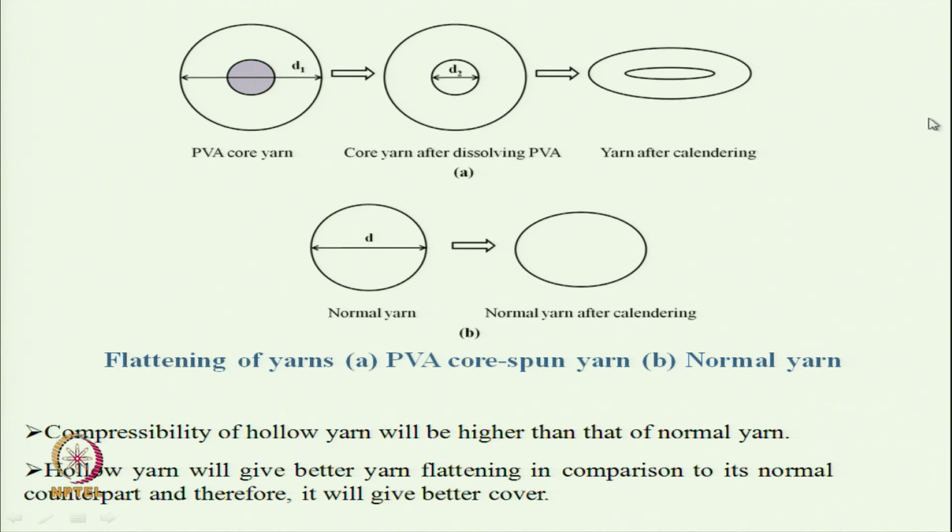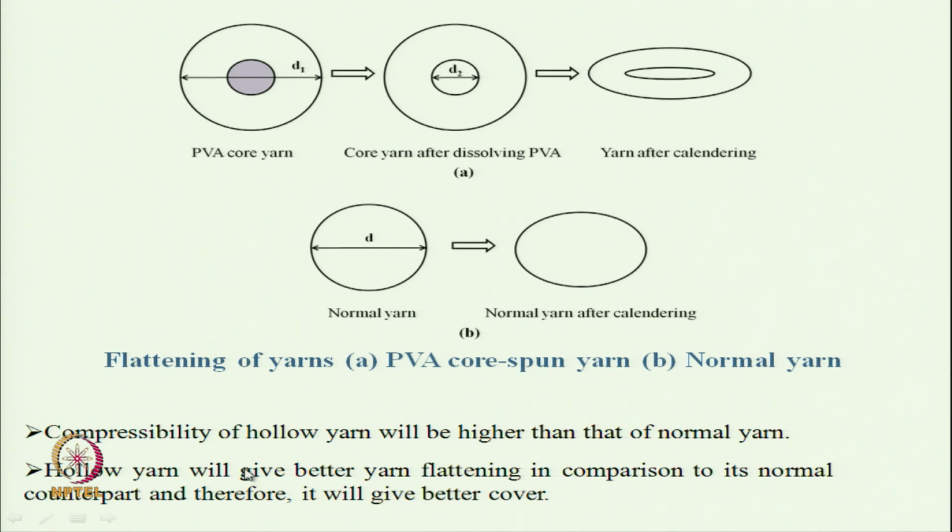inter yarn space, and this core was of PVA fiber, and after washing in warm water this PVA gets dissolved, leaving the hollow portion, and normal yarn when we press does not get that much flattened.